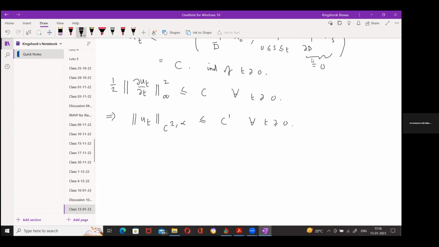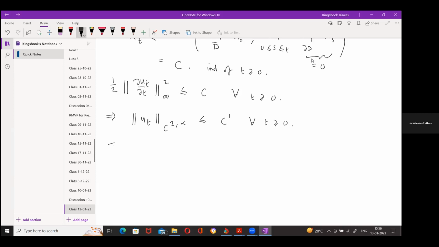But once you have this, what does that mean? First of all, the second derivatives are uniformly bounded, and also the Holder semi-norms of the second derivatives are uniformly bounded. That means the second derivatives become equicontinuous.